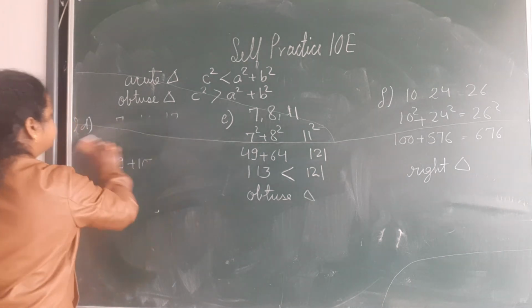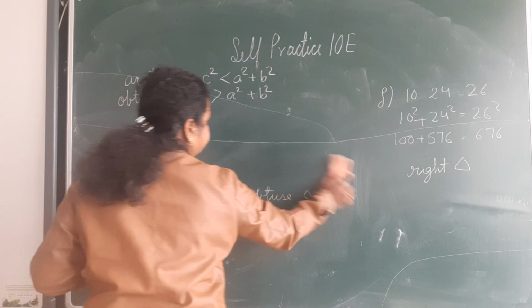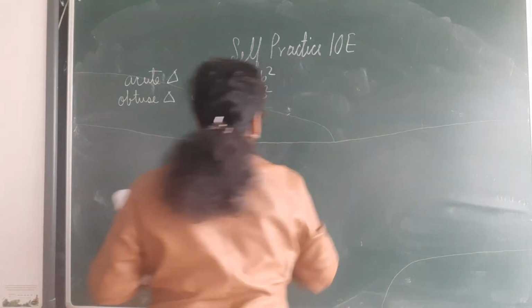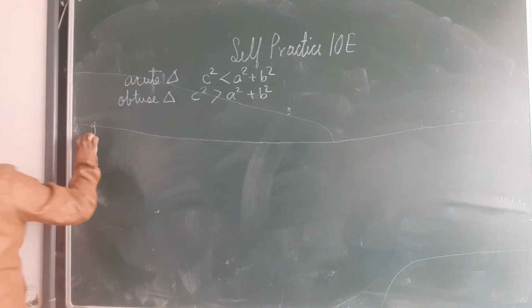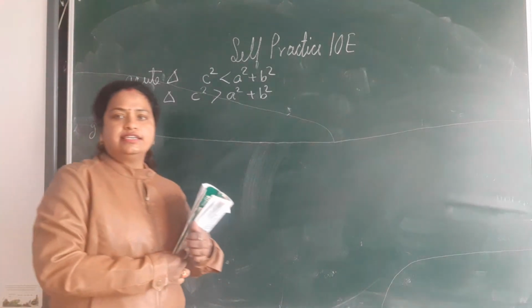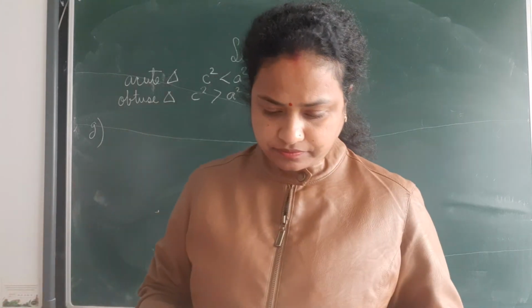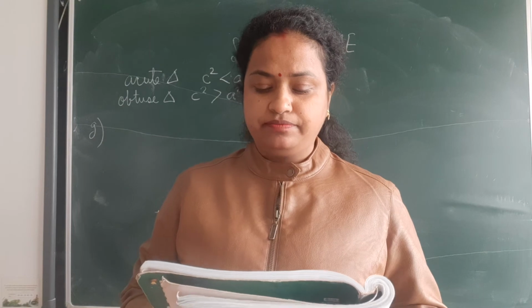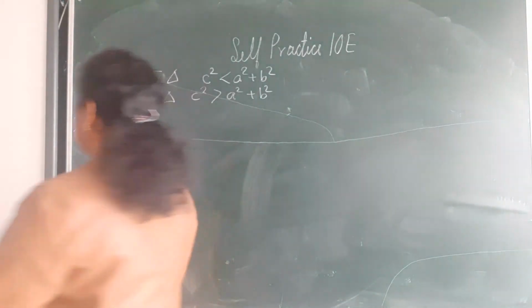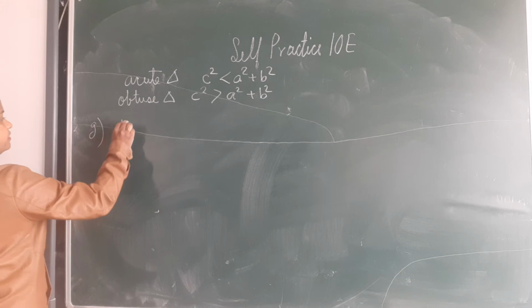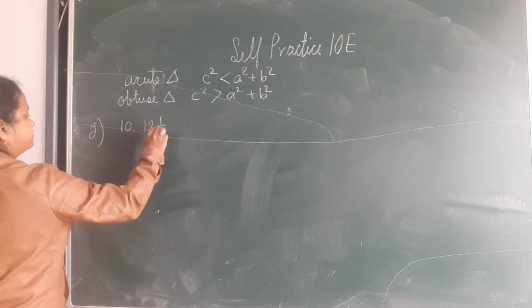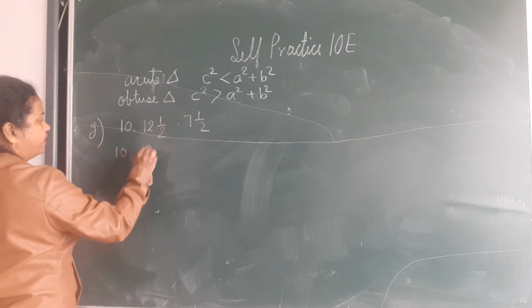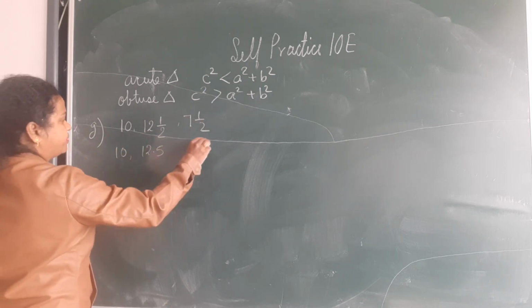Now let's see the G part. What is there in the G part? 10, 12 1 by 2 and 7 1 by 2. This means 10, 12.5 and 7.5.